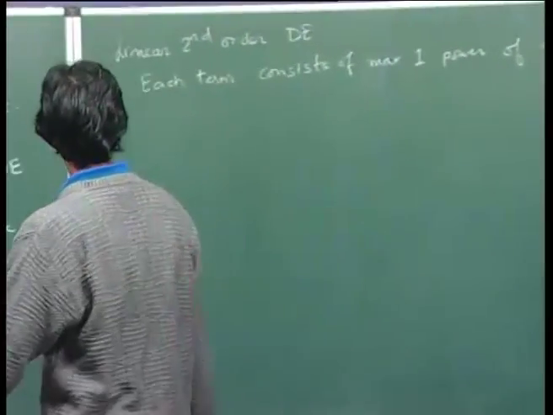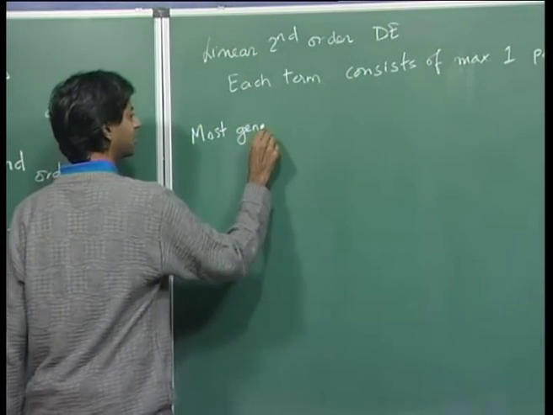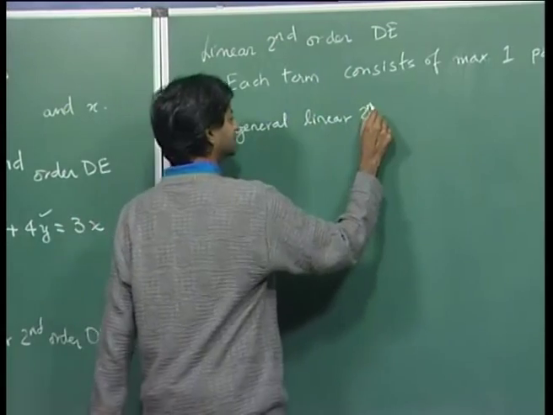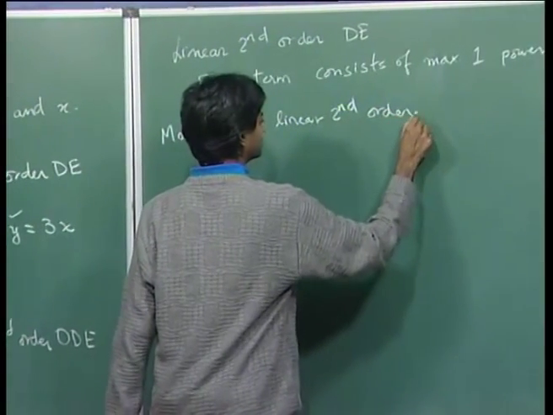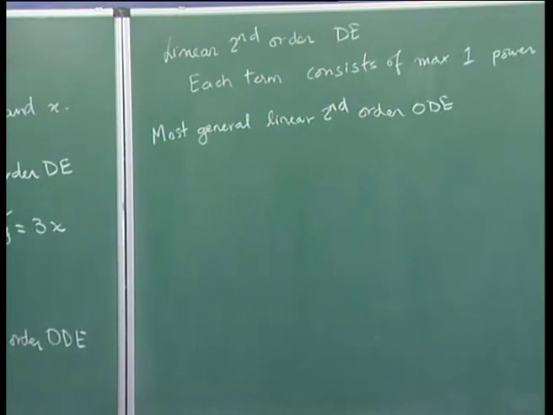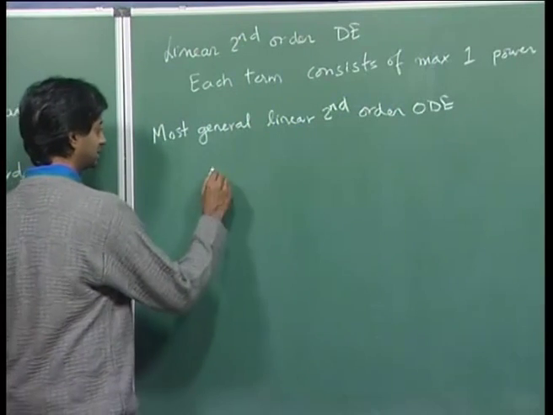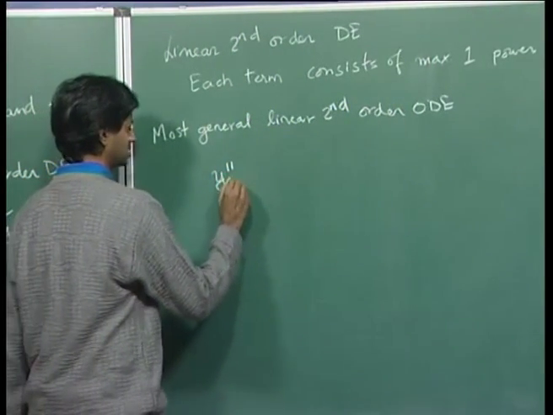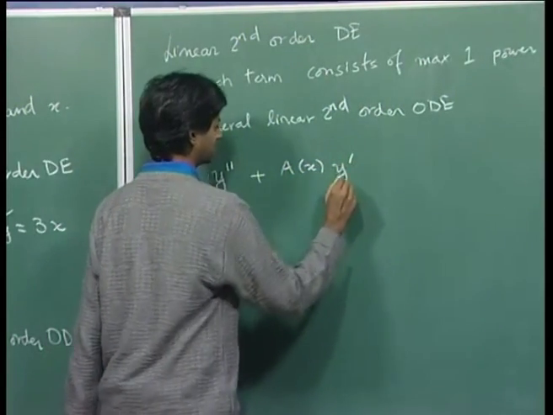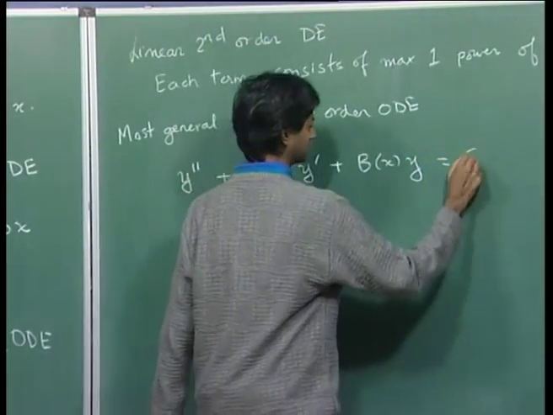So, the most general linear second order ODE. What is its most general form? You can write it as y double prime plus a of x y prime plus b of x y equal to c of x.